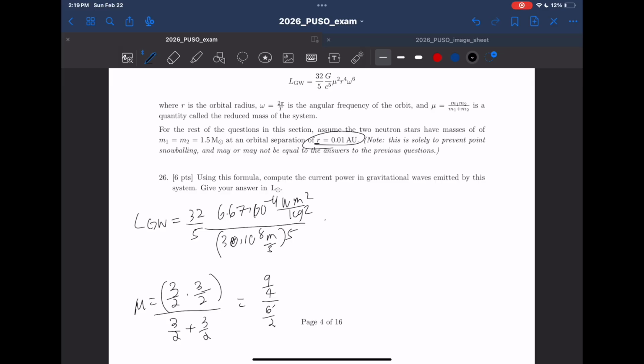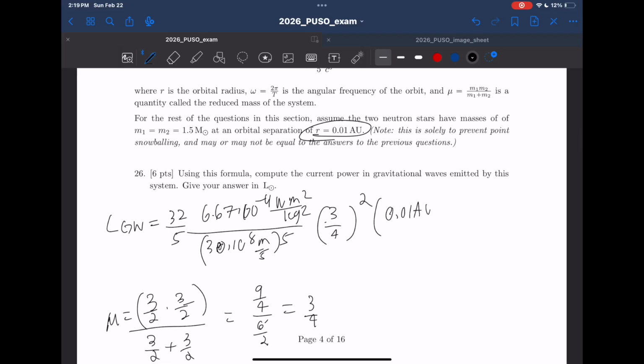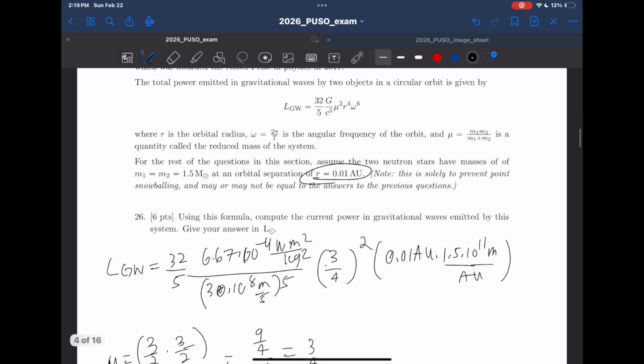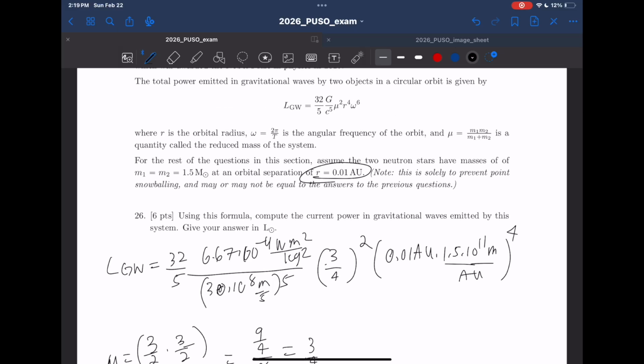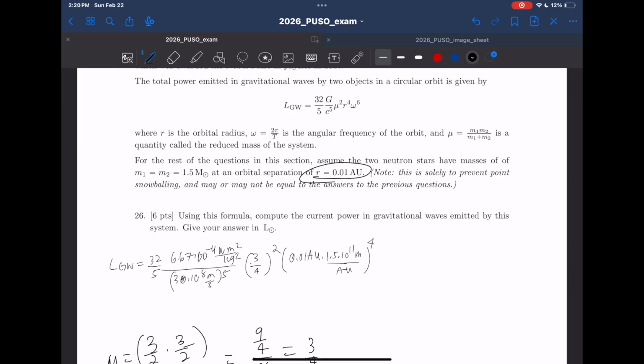What we're going to do is take the reciprocal, and we get 3 over 4. So then 3 over 4 to the second power, multiply by 0.01 AU times 1.5 times 10 to the 11th meters per AU. We're going to take that number to the fourth power, and then all we need to get is the pulsation frequency. So W to the fourth here.